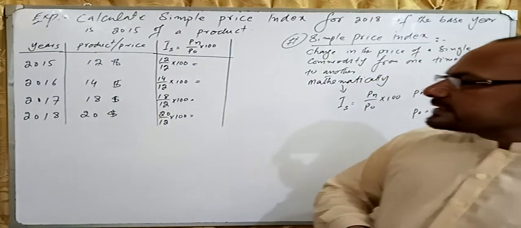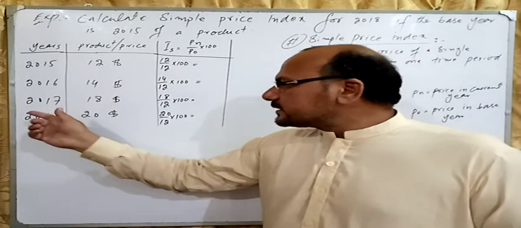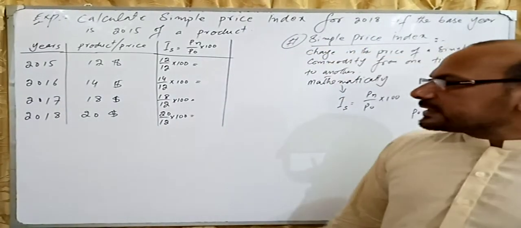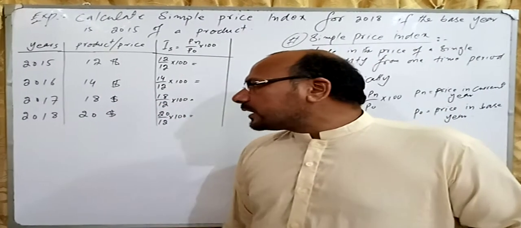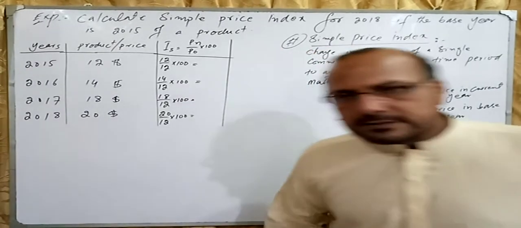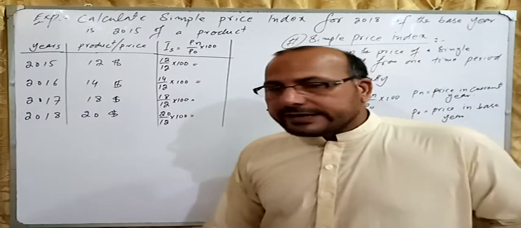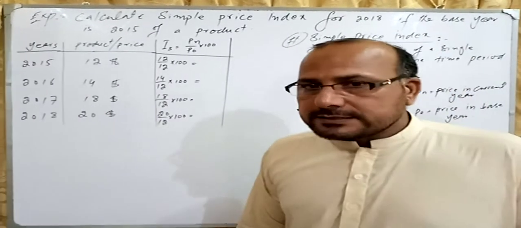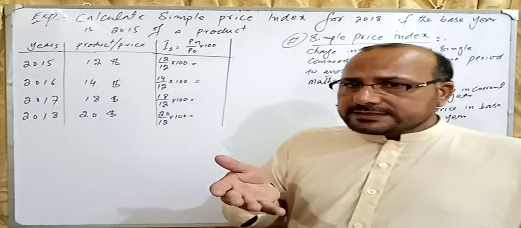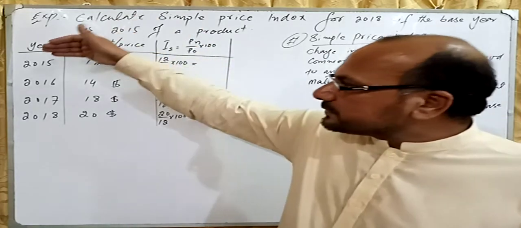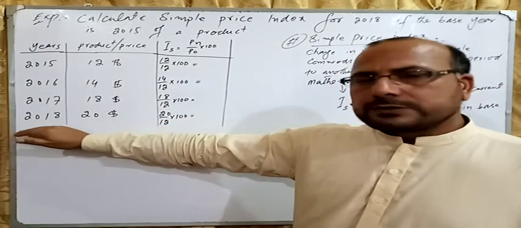Then in 2016 it becomes $14. In 2017 it becomes $18. In 2018 it becomes $20. Now we need to calculate how much the price of this product has increased from 2015 up to 2018.